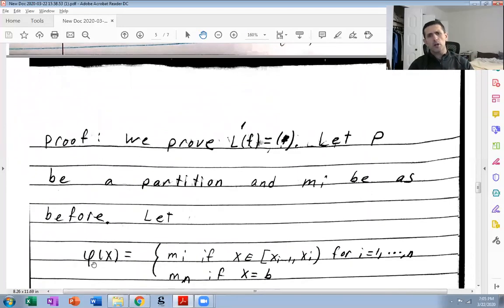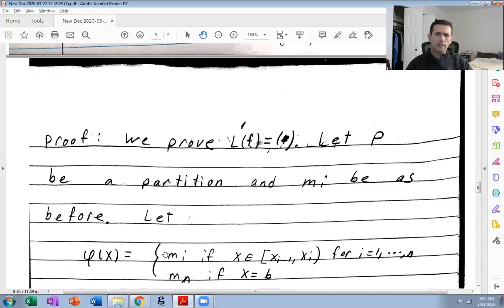All right, so I'm going to cook up this step function as follows. And I'm cooking it up in this way to basically force it to be less than or equal to f of x for all x in the closed interval a to b.